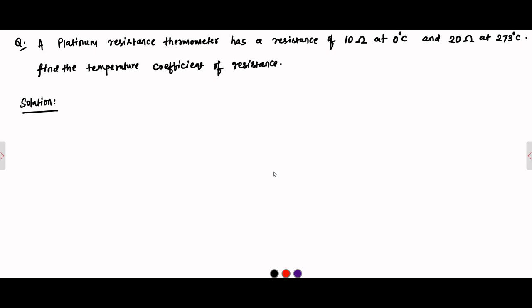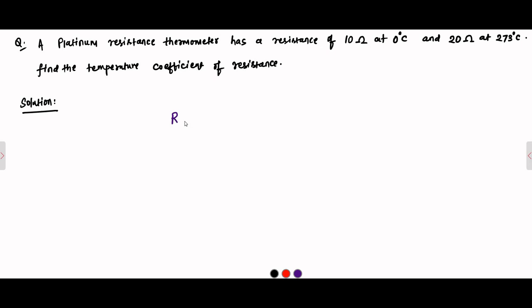We have discussed the platinum resistance thermometer or electrical resistance thermometer in our discussion related to different types of thermometers used for temperature measurement. There we studied that the relationship between resistance and temperature is given by this equation.